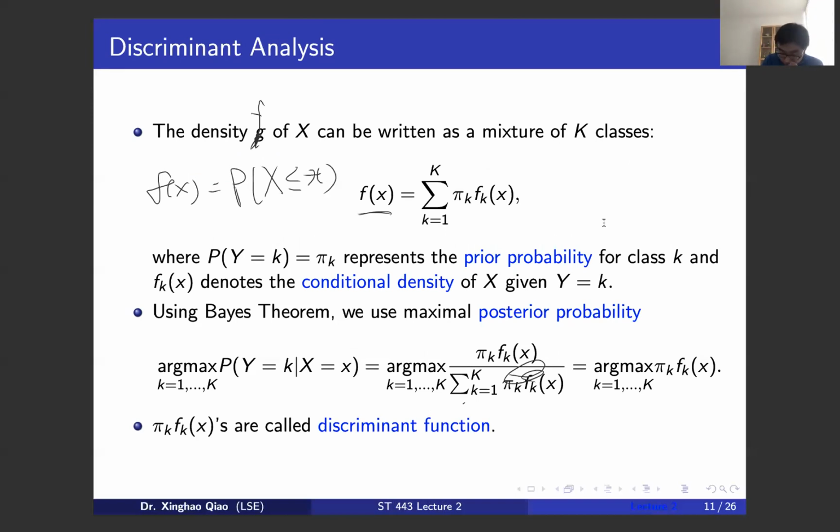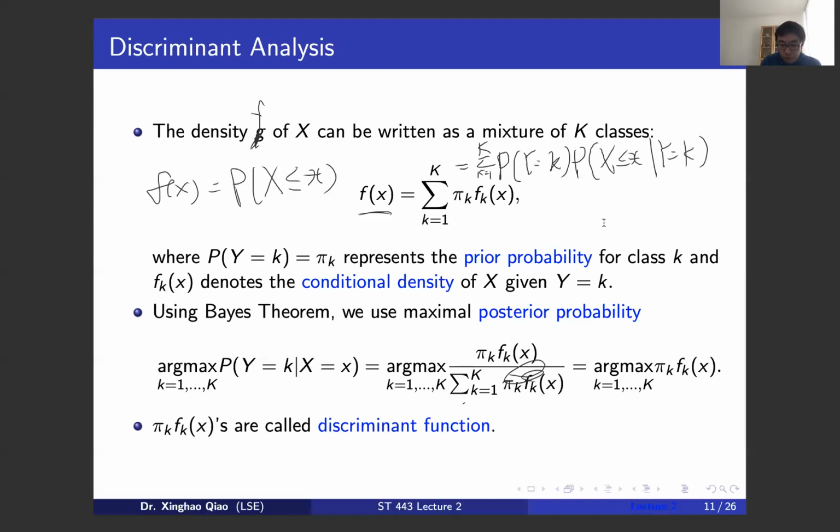It can be written as the sum over all the possible classes, multiplied by the prior probability that Y belongs to the k-th class, where k ranges from 1 to capital K, and then we have the conditional density function, capital X smaller or equal to x, conditional that Y belongs to the k-th class.